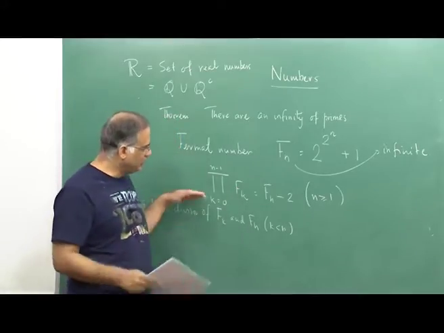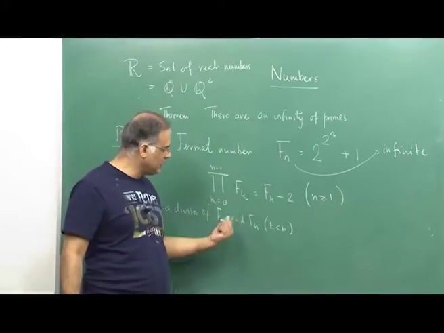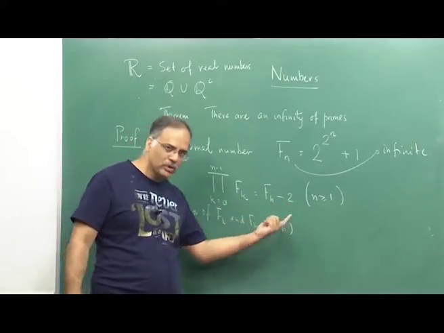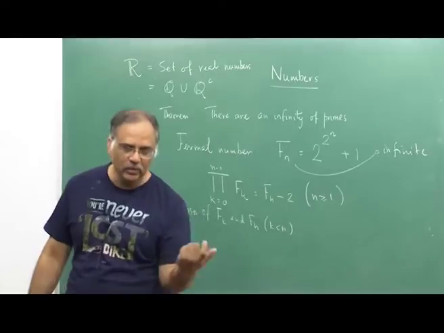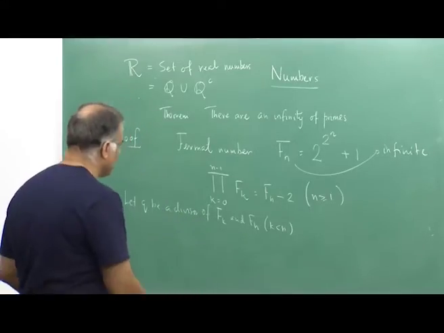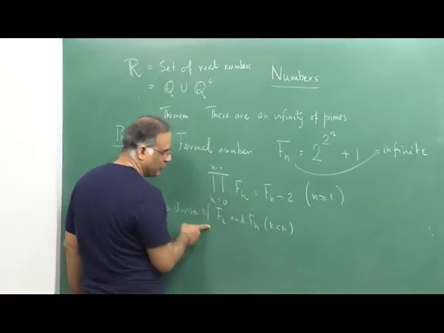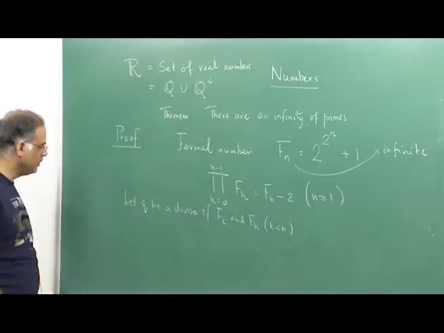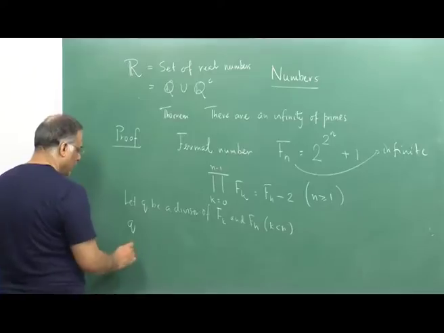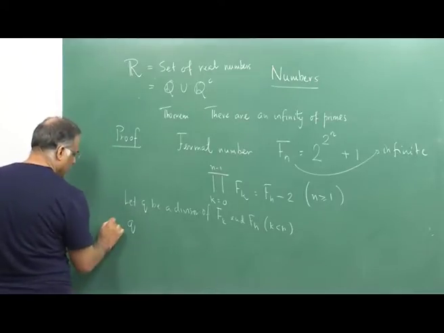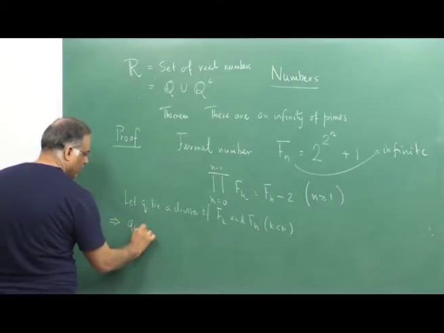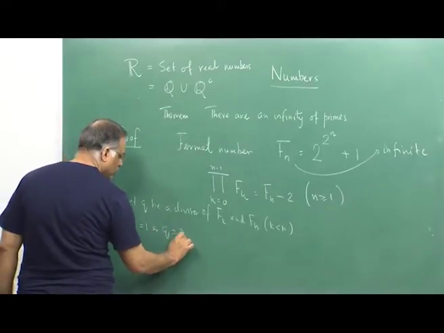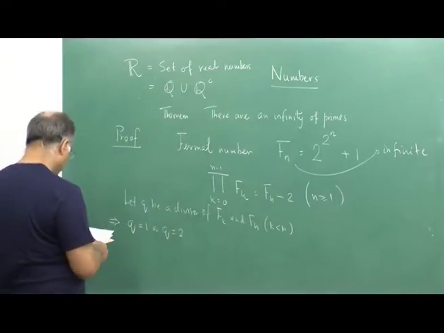If I divide this side, it is completely divisible because q is dividing, but then this side should also be completely divisible, which means 2 also has to be divisible by q. This would imply that q is equal to 1 or q is equal to 2, right.